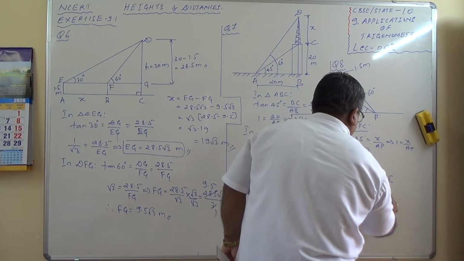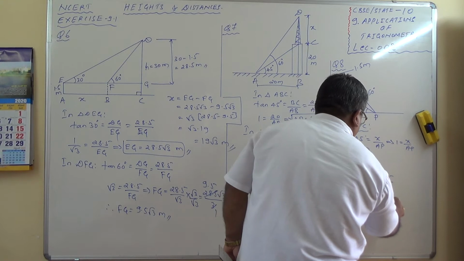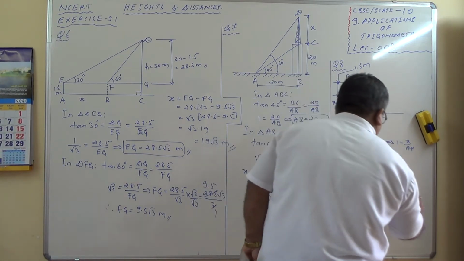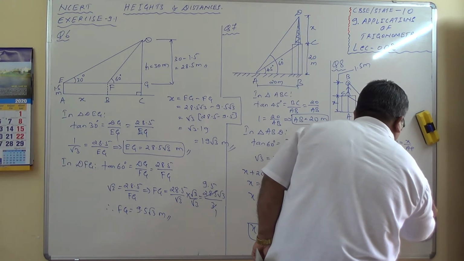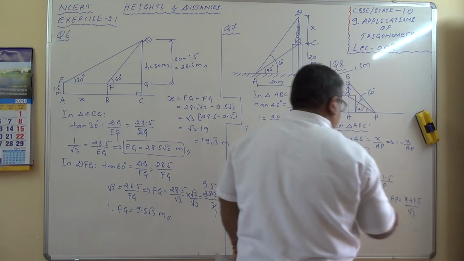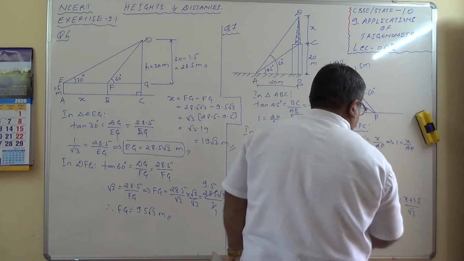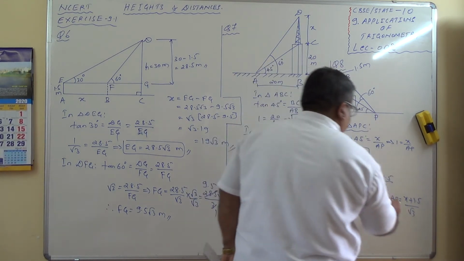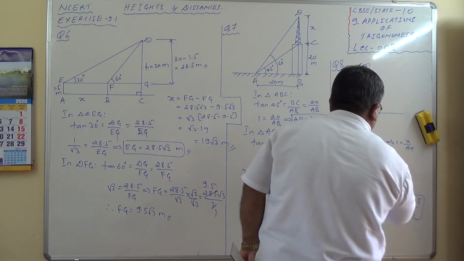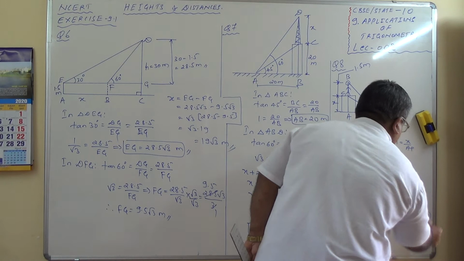So x plus 1.5 divided by AP implies AP equals x plus 1.5 divided by root 3. So from these two we can equate AP. Mark this as 1, mark this as 2.